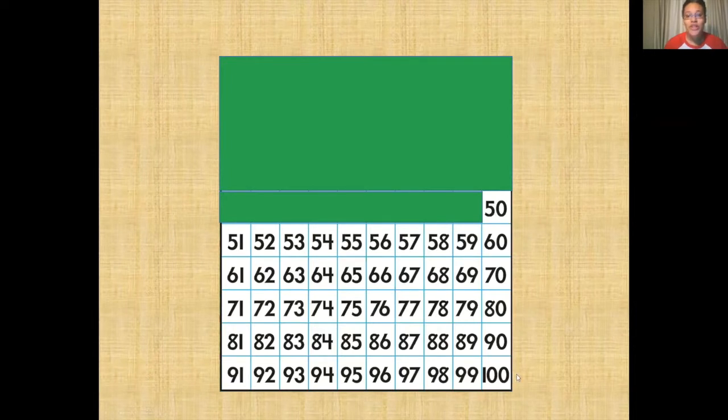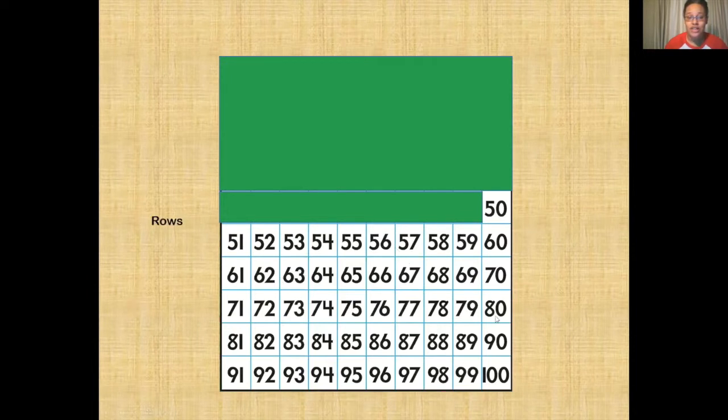That means you're going to need to find the numbers on the hundreds chart without counting from 50 to 100 so you can find out what the number after is. When you're looking at a hundreds chart, you have these things called rows.